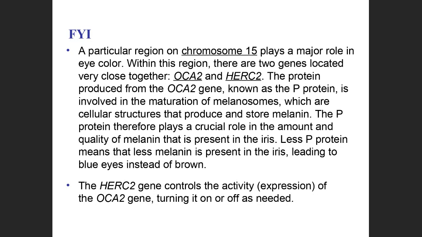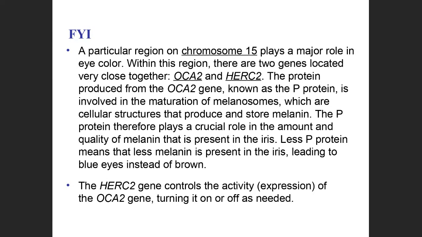So these two genes are very important for eye color, right? In particular for having brown eyes. So if you have one of these two genes that is defective, you have blue eyes, right? So if you have a defective OCA2 gene, you have blue eyes. A defective HERC2 gene, you have blue eyes.